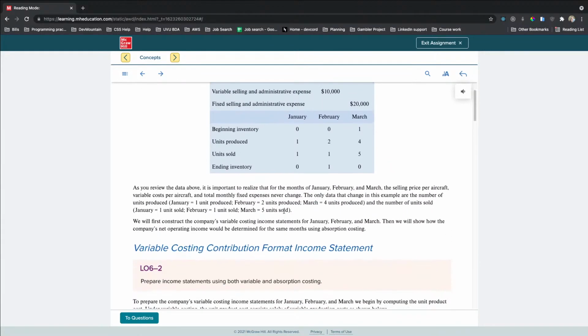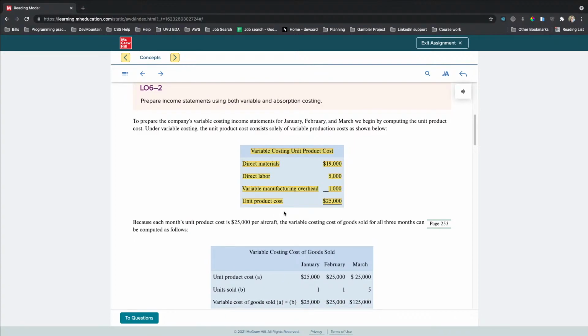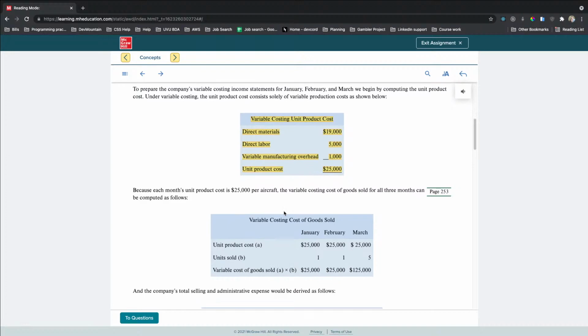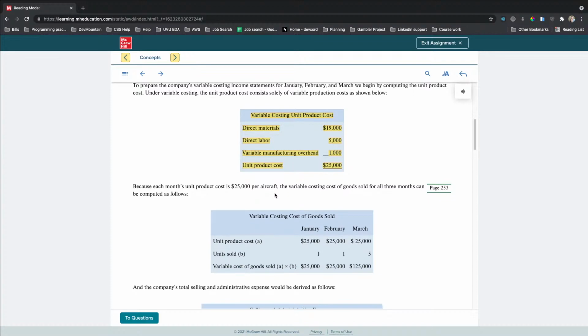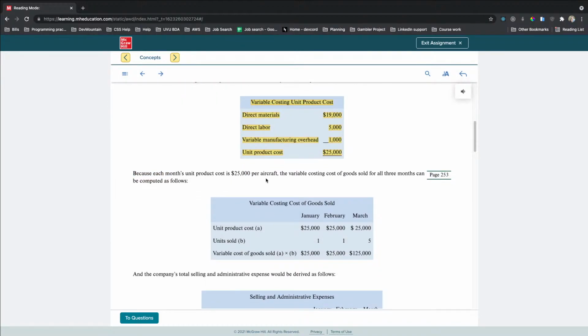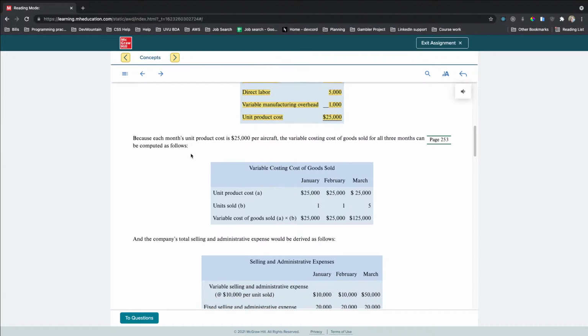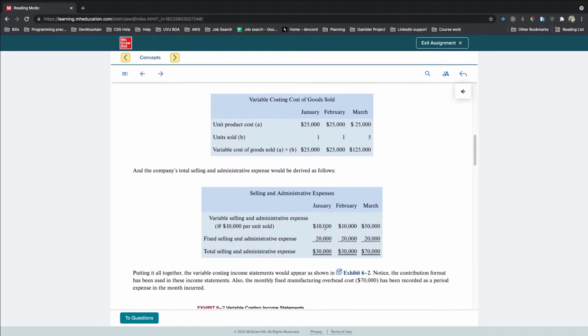That makes sense. All right, well, fair enough. So it's 25,000 instead, so that's okay. They'll get to the same answer because each month's product variable costing sold for all that can be computed as follows. Cool.